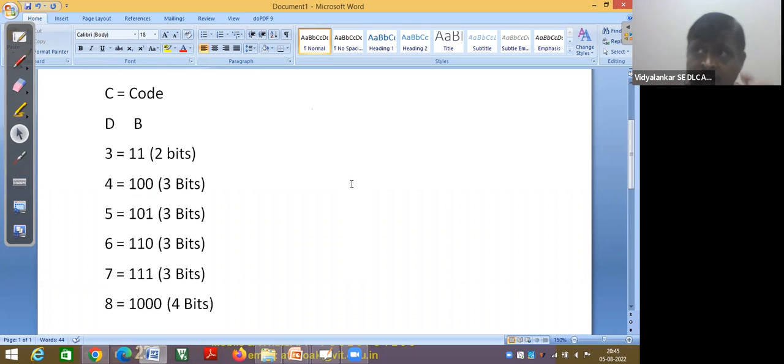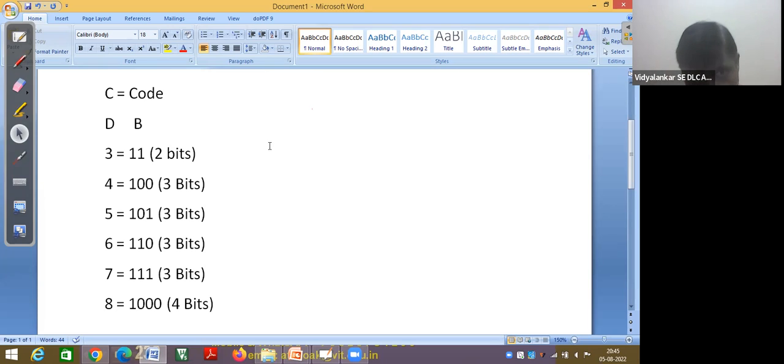I want that every digit 3, 4, 5, 6, 7, 8 should be represented by fixed number of bits. I repeat again, every digit should be represented by fixed number of bits. That we do using a concept called code. Observe it, it is not programming code.